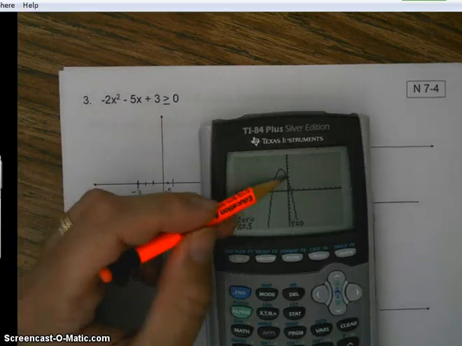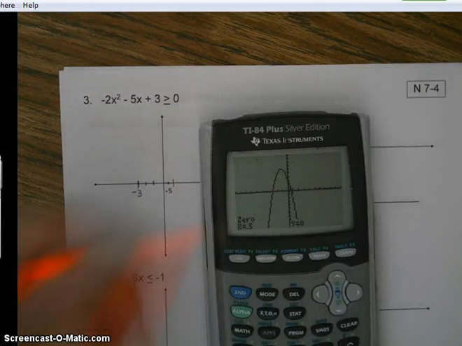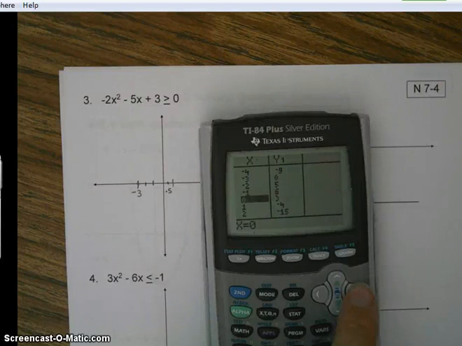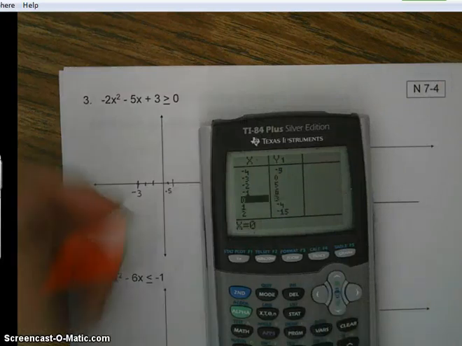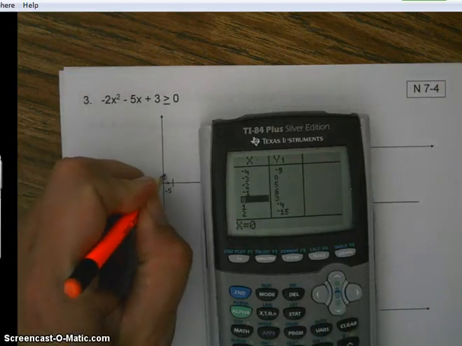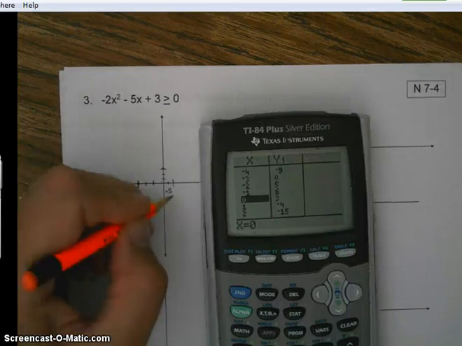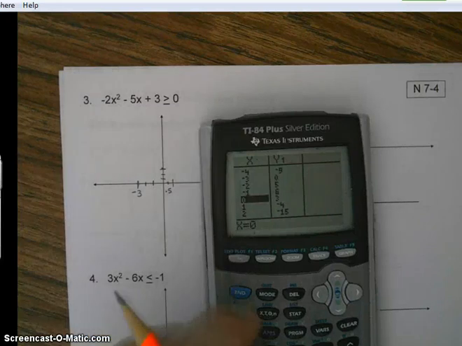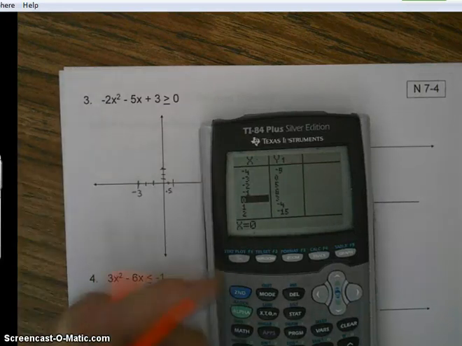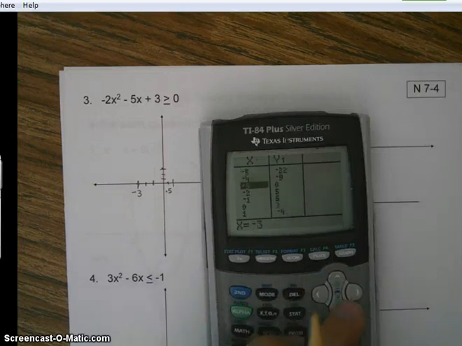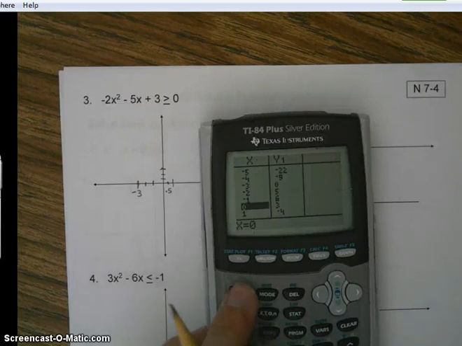Now I'm going to check on my y-intercept here. I'm going to go to my table. Sure enough, there it is, (0, 3). Not too important, just helps me graph it a little bit better. Can we see the vertex here? No, I don't think we can. So let's do the vertex real quick.